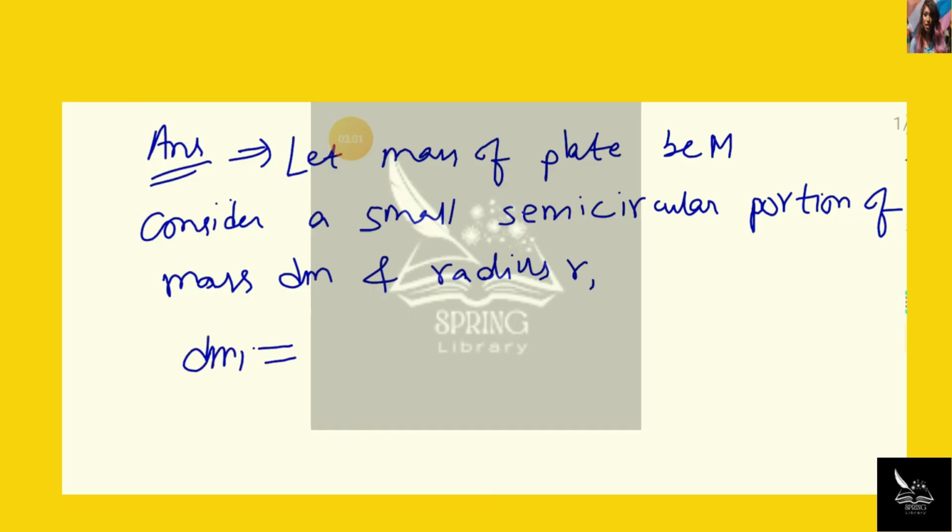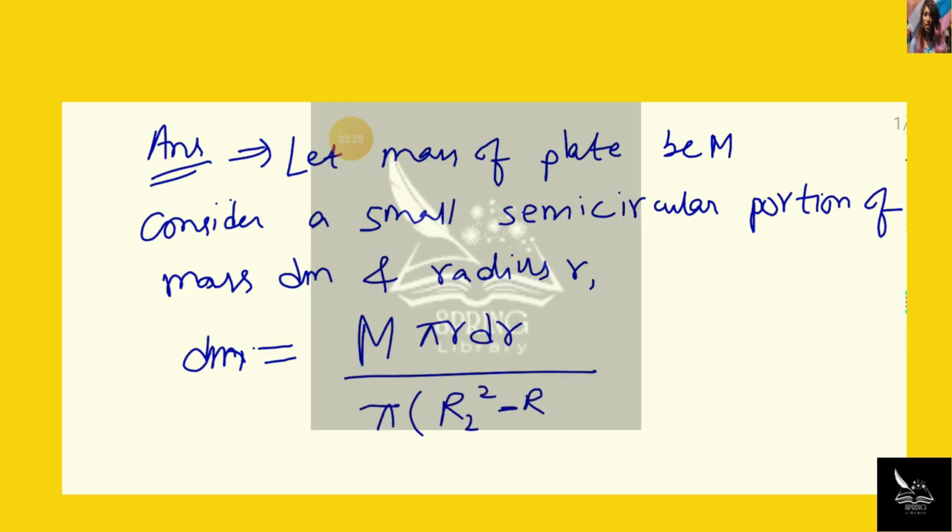It will be written as capital M multiplied by the area of this semicircular portion, pi r dr, over the total area of this uniform body, that is pi times r2 square minus r1 square over 2.